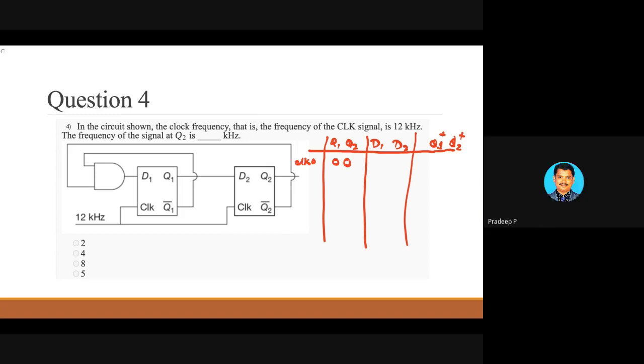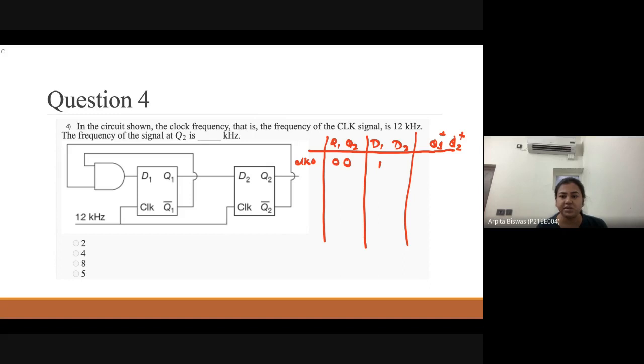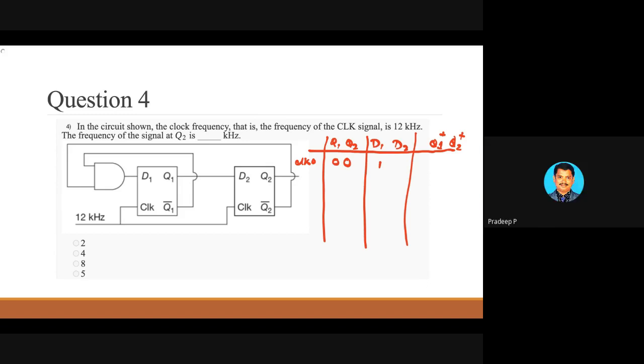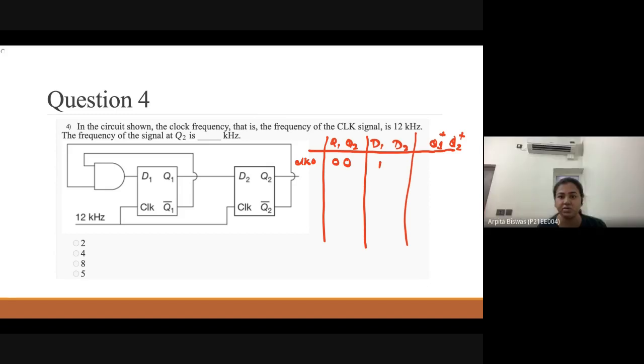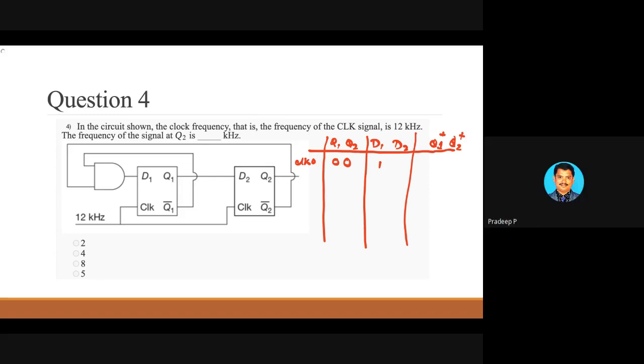D1 is 1, D2 is 1, madam. Q1 bar and Q2 bar get connected to D1, and Q1 is directly connected to D2. Then if Q1 is 0, what is the value of D2? Then that will be 0.